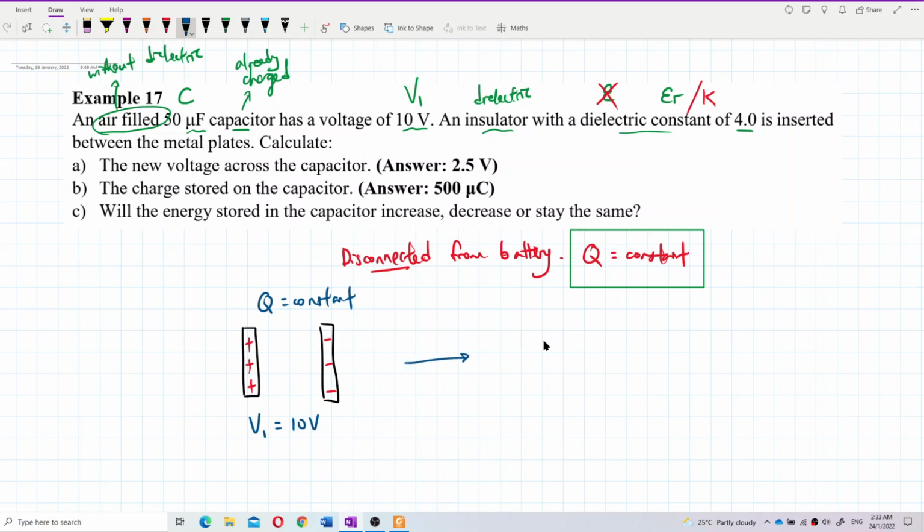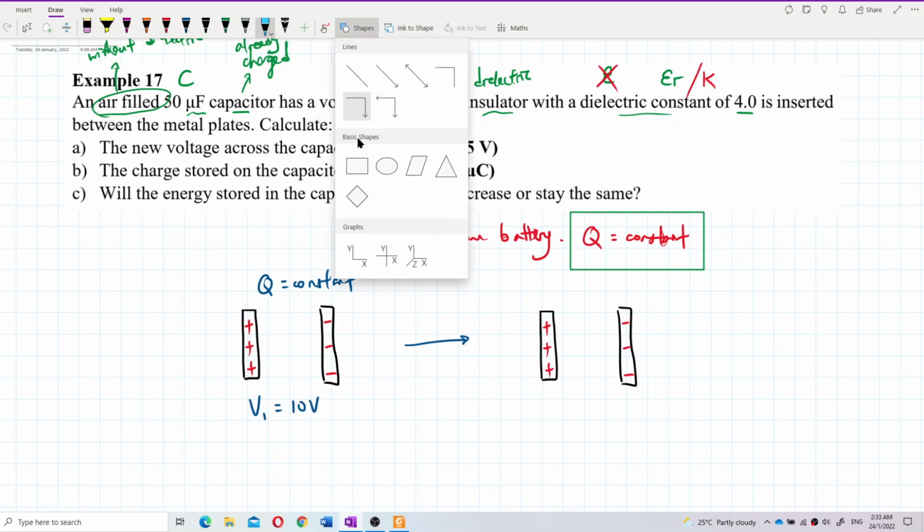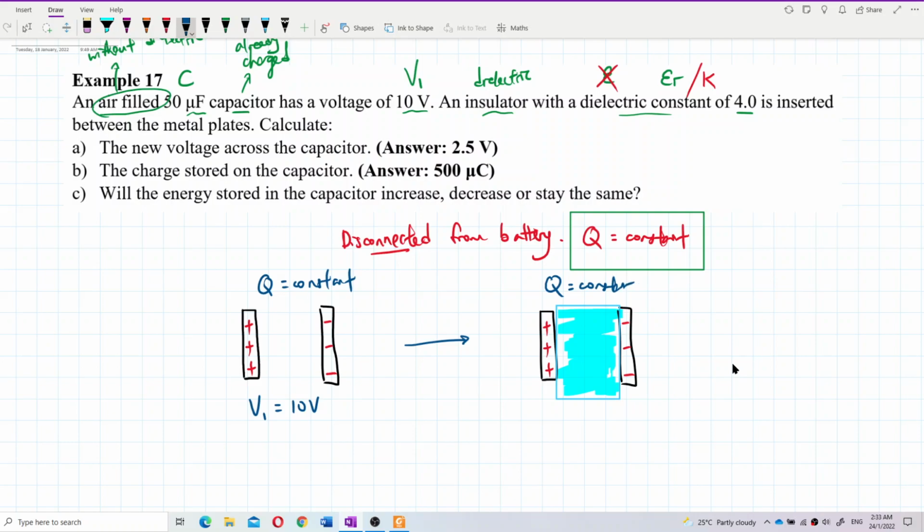After that, you put the dielectric in between the two plates. Let me draw. But the charge is still constant because it's disconnected from the battery.